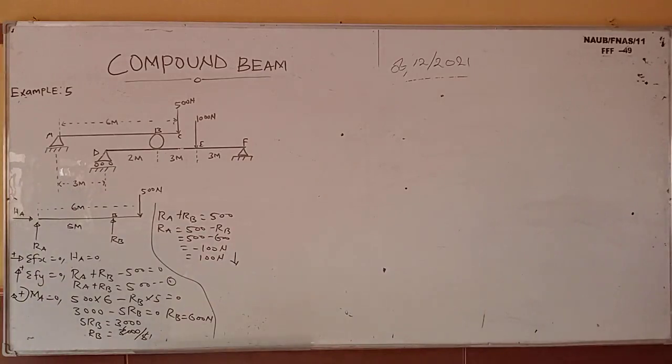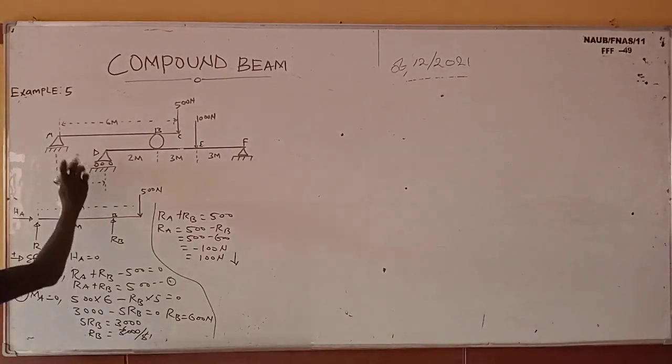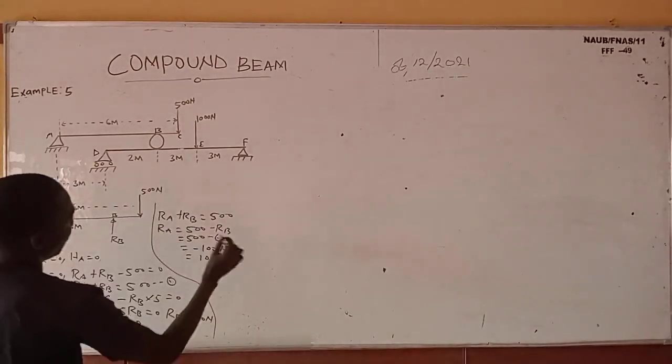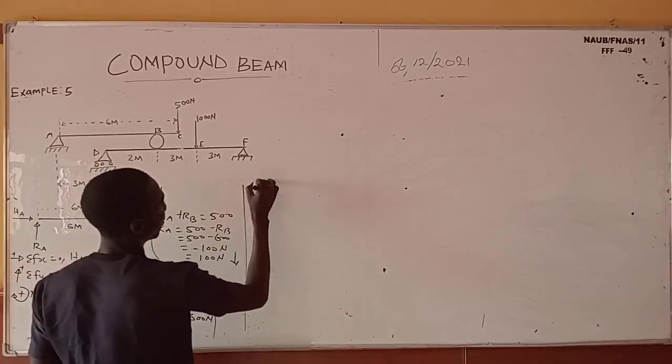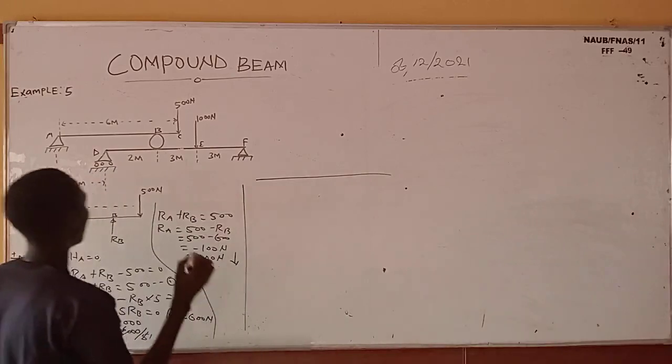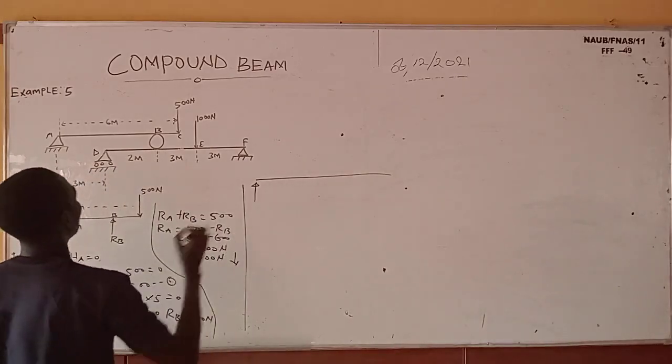So now, the next thing is to draw my beam D, B, E, and F. Let's do that now. It's going to be like this. This is a roller support here.